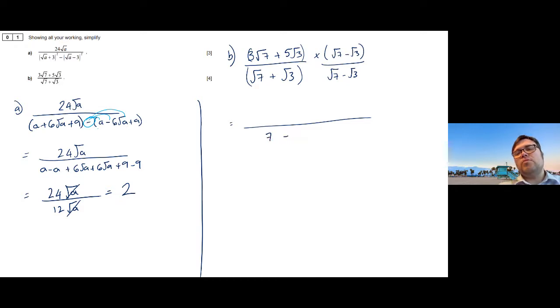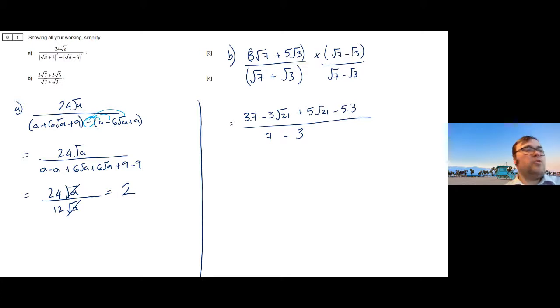minus, and then the whole point of that minus sign is to get rid of that middle term, so it's root 3 root 7 minus root 3 root 7, so it's gone. And then on top, you've got a plus and a minus. On top, you have 3 times 7, and then minus 3 times root 21. Then it is plus 5 root 21. Then it's going to be minus 5 times 3.